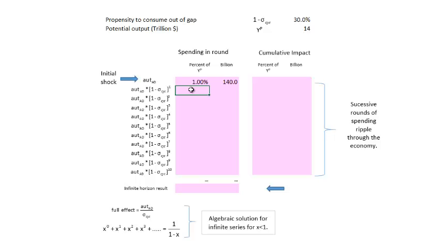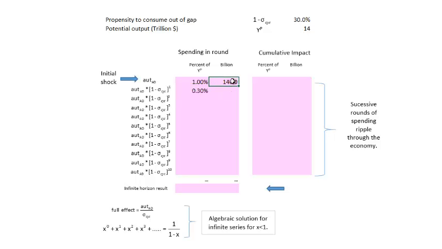In our second round of spending, we're going to be spending 1 minus sigma sic up here times the previous round, and I just want to pin down the propensity to consume. So you can see that 30% of 1% is 0.3%. That's in our second round.